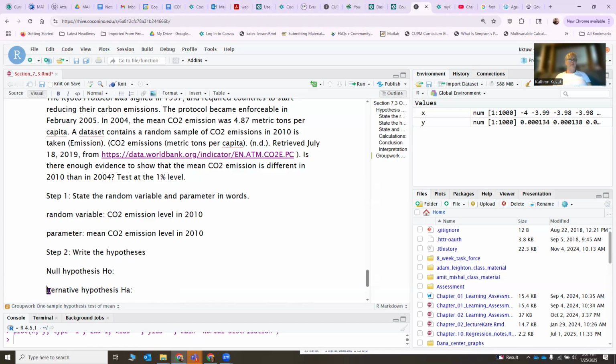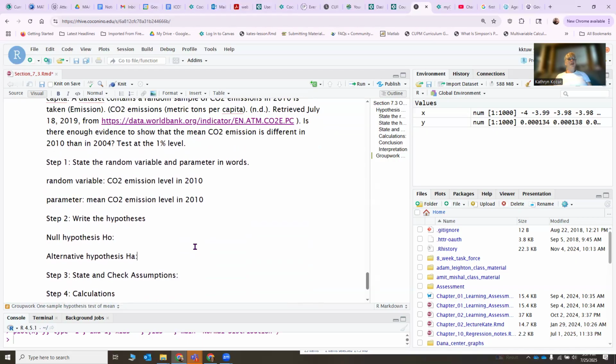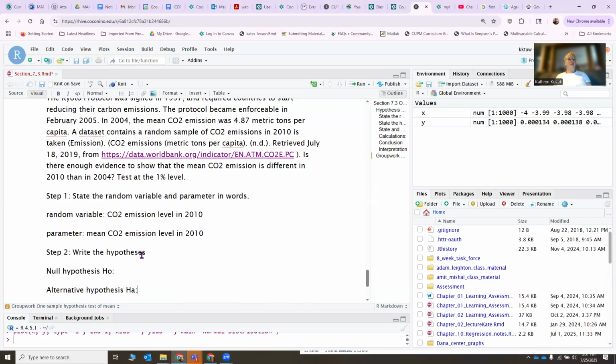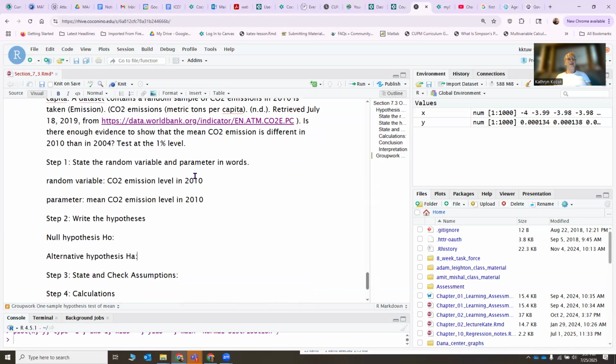I usually start with the alternative hypothesis. This is actually what your HA is. This is the question you're asking. So the question we're asking: is there enough evidence to show that the mean CO2 emission is different in 2010 than in 2004? So I can actually just copy that sentence and put it in here as my HA.